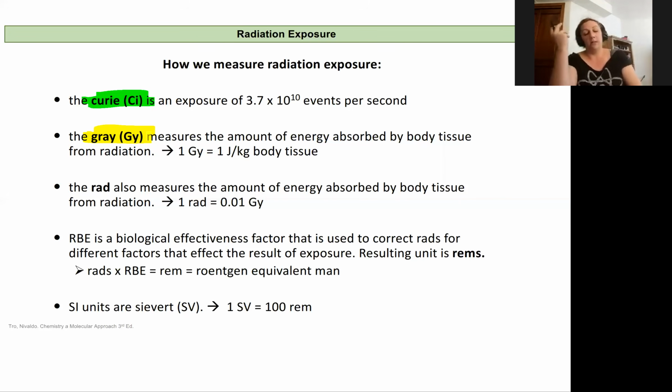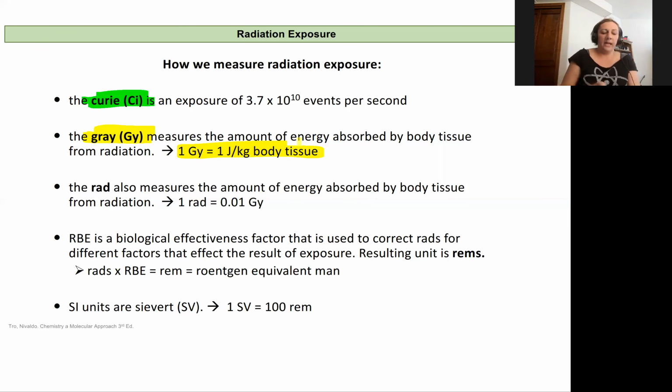So here's our conversion rate. That's going to depend on the size of the object, the amount of particles that are being emitted, and the amount of energy that they have. So it's not just how many of these nuclear decay reactions are happening, but what type of particle and what energy they are emitted at.